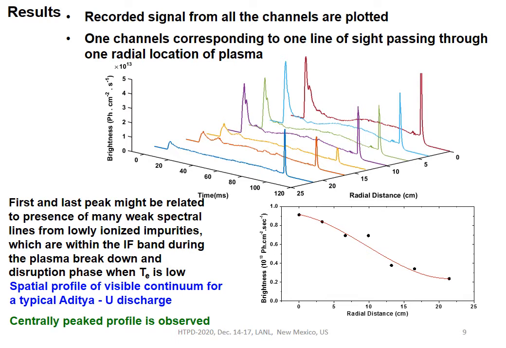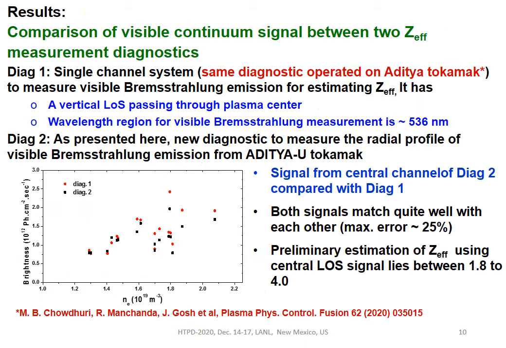This curve shows a centrally peaking profile of visible bremsstrahlung. So we can say the visible bremsstrahlung is peaking at the center, and at the edge the signal is decreasing, which is very obvious in tokamak plasma as the density is peaking at the center.